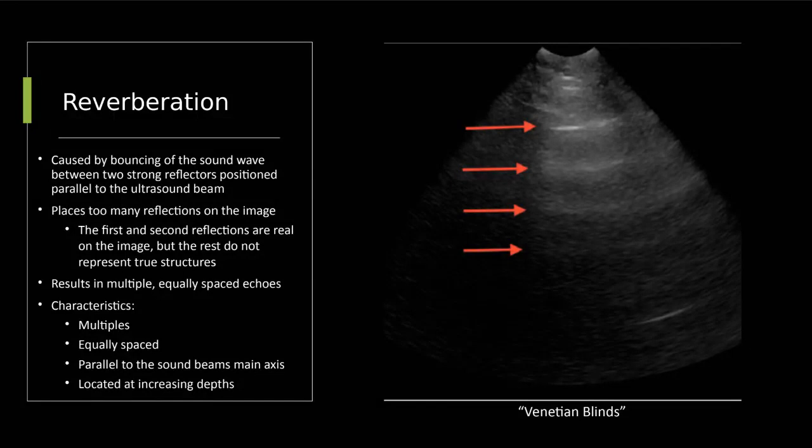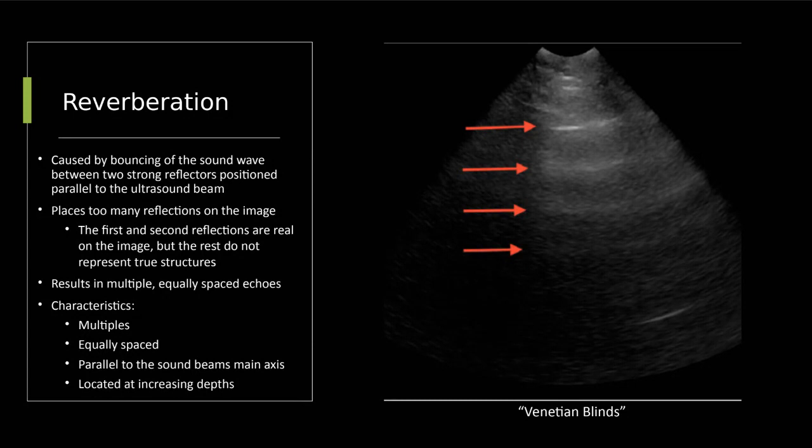So reverberation, this is one of the most common ultrasound artifacts. We see this every single day on pretty much any exam that we're performing. It's kind of an operator error, but it's also a physical error as well. It's caused by the bouncing of sound waves between two strong reflectors positioned parallel to the ultrasound's main axis or main beam.